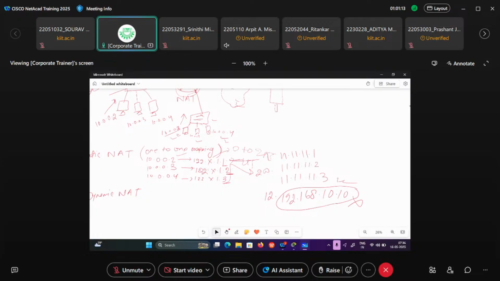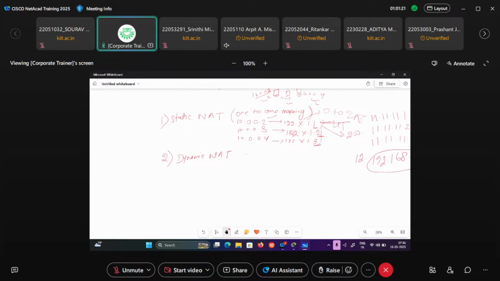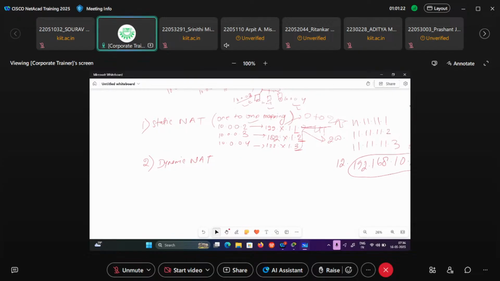Okay, so I hope it's clear to all. So this is for the static NAT configurations where one-to-one mapping will happen. But when you go for dynamic NAT, there will be a command, and when you do the Packet Tracer configuration, you'll see we use a pool of public IPs.